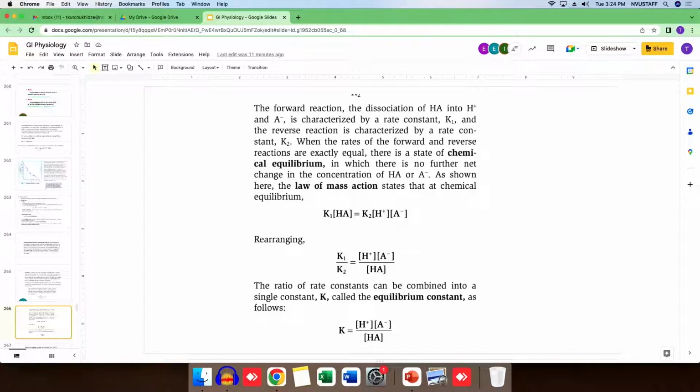The idea is that K1 and K2 together make one big K, and it is the equilibrium between the acid and the dissociated forms. So we demarcated the initial constants into one big K, our equilibrium constant.